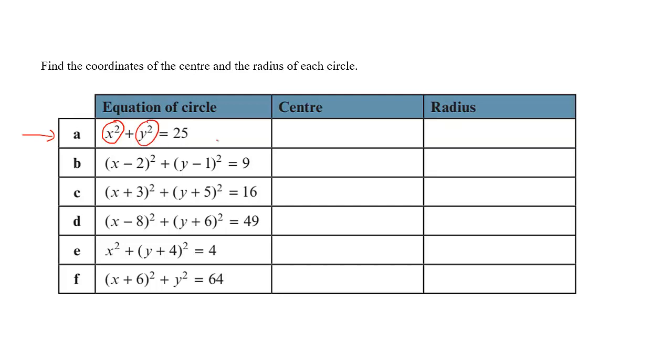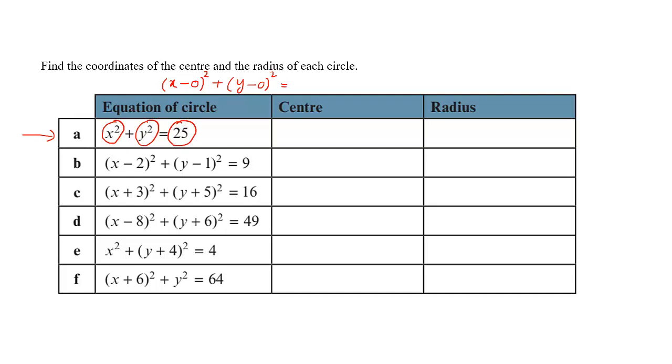So we will write this equation in the shape of a completed square. We can write x minus 0, because there is no A or B here, and y minus 0 whole square.